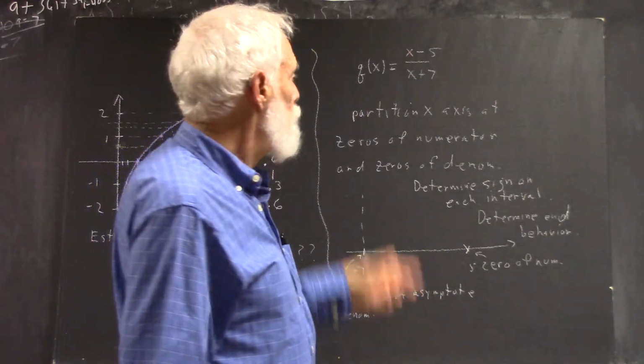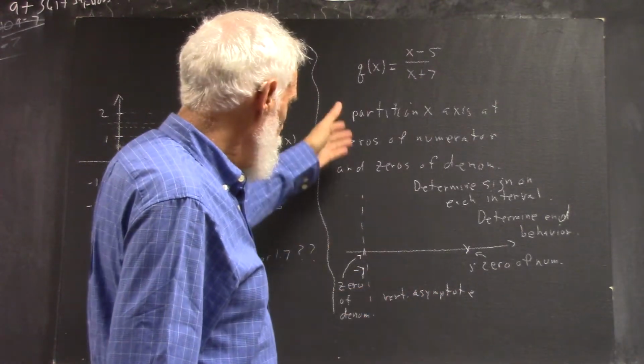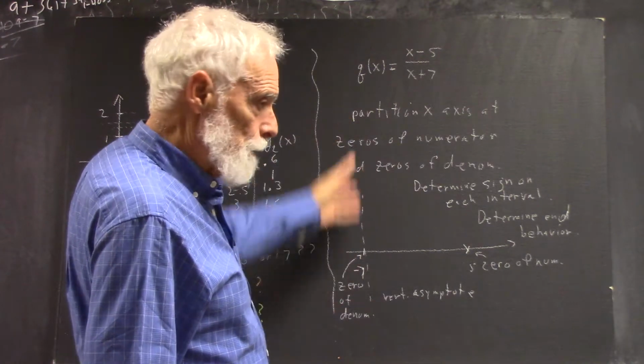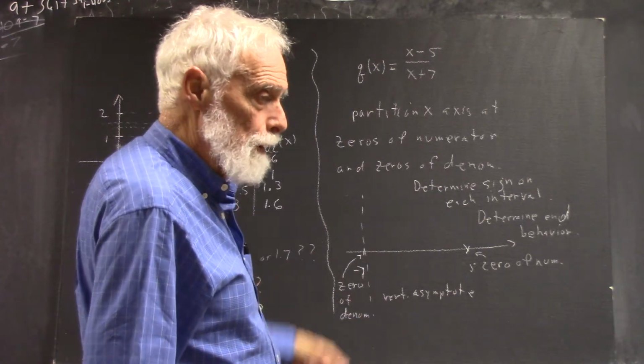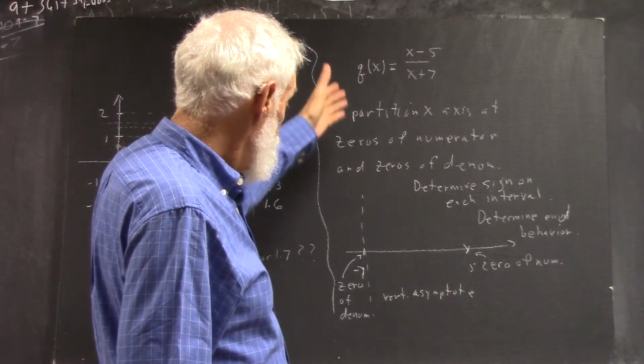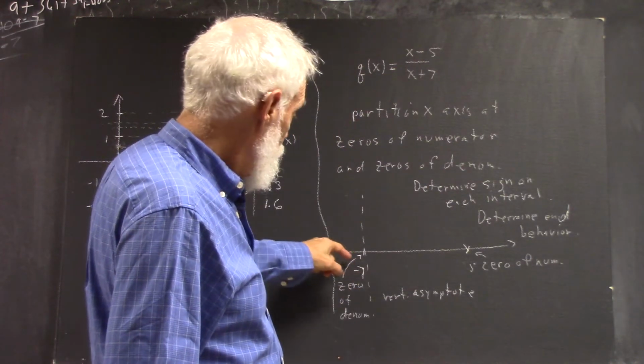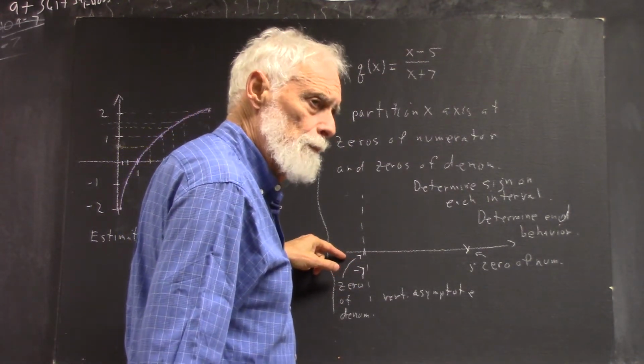And also, we know from what we discussed last time, at a zero of the denominator, the denominator is going to get tiny, so it's going to go into the numerator lots of times. You've got to get a vertical asymptote at any zero of the denominator. We want to mark that as well.